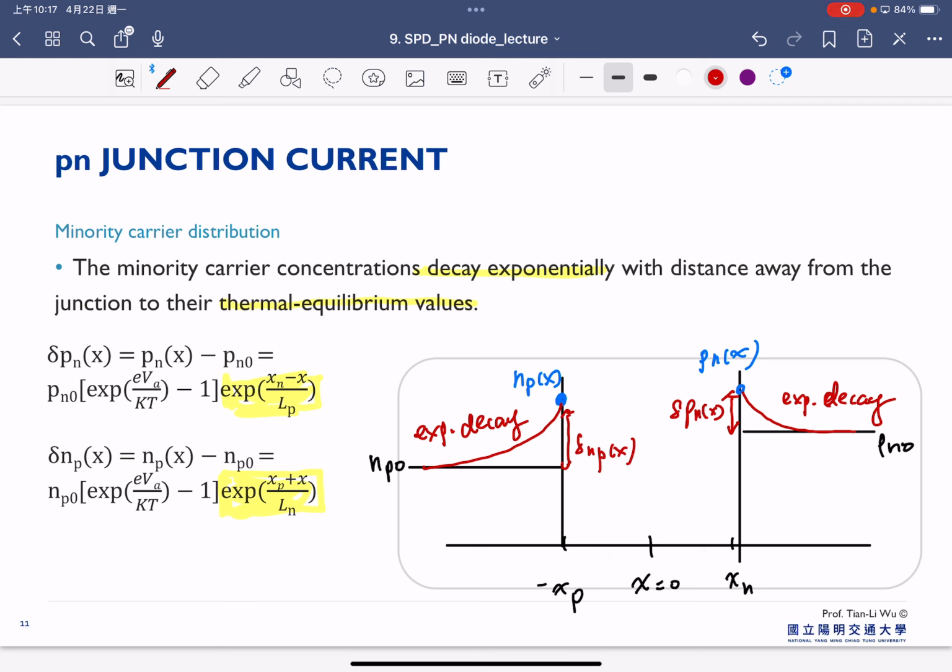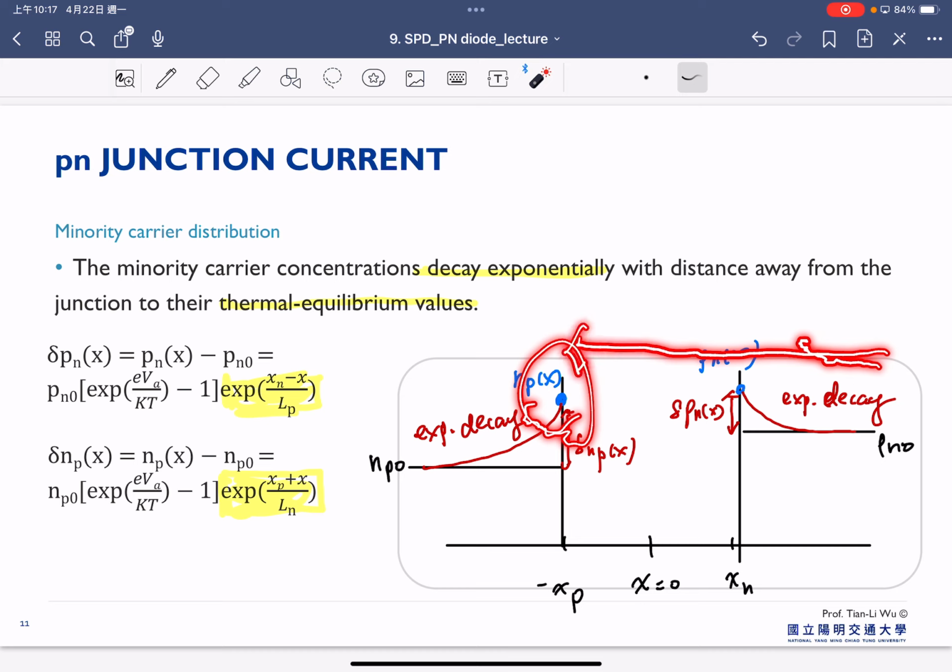So finally, we can understand these additional carriers are actually coming from the N region. So under the forward bias, your electrons in the N region will start to flow across this depletion region and reach the boundary. And once they reach the boundary, these electrons will become the excess minority carrier because they are located in the P region.